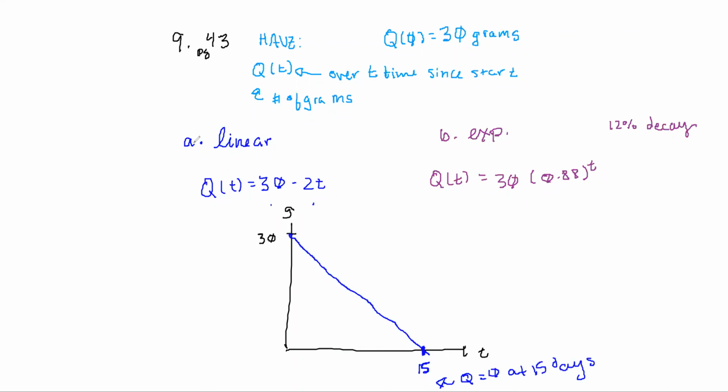What about this? So here, it's going to go down pretty fast, and then it's going to go like this. So we're going to start at 30, just like this linear function did. But one of the characteristics of an exponential function is that it gets close, but never reaches 0.